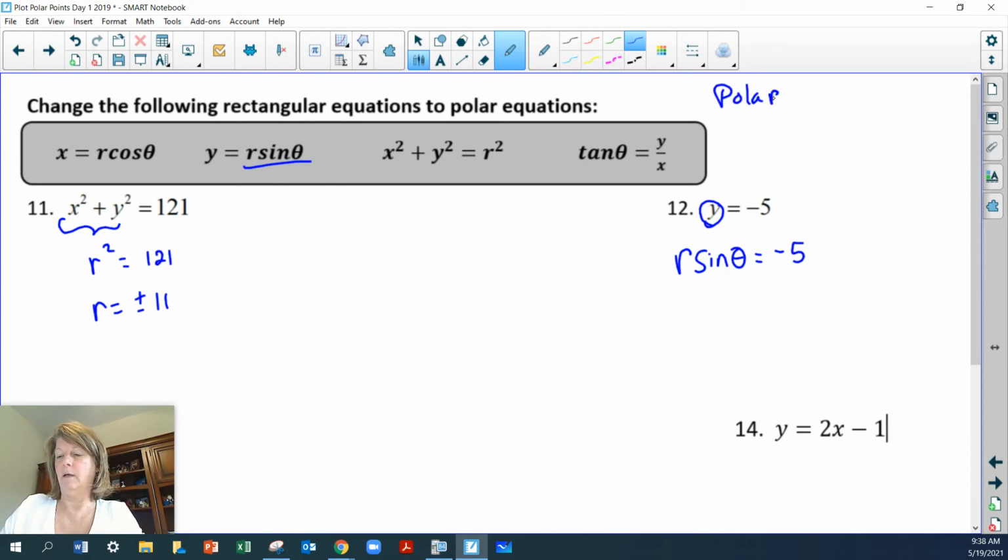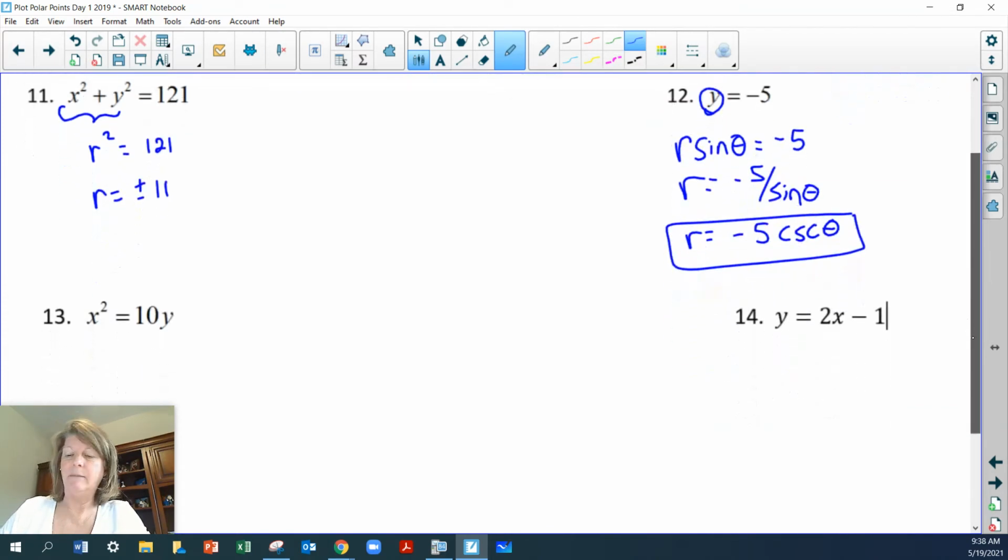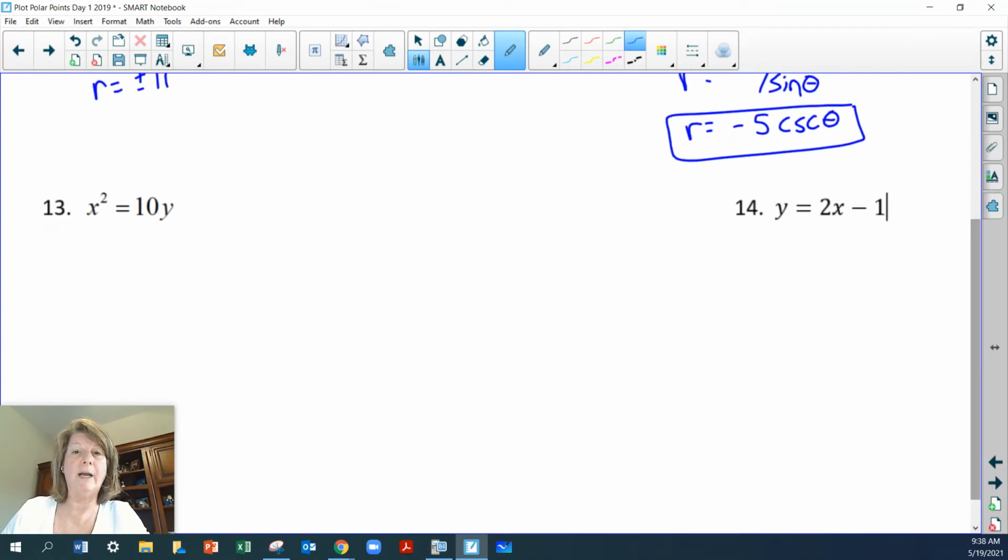So that's what we're going to shoot for here. That just means we need to divide by sine, doesn't it? And we all know that 1 over sine is cosecant. Okay, so -5 cosecant of theta. Horizontal line in polar. Some of these, especially in BC, we start memorizing what these equations are just for our own benefit. It makes it a little easier.